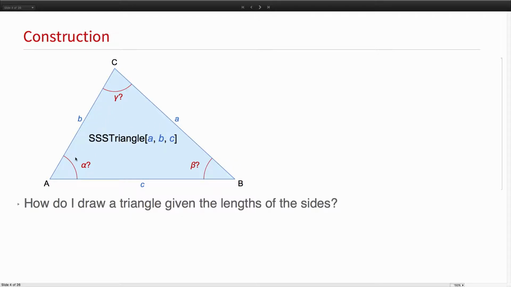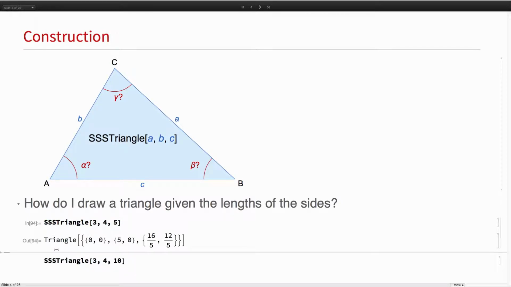The input is the side lengths a, b, c. So if you give side lengths 3, 4, 5, for example, the return value will be the triangle.